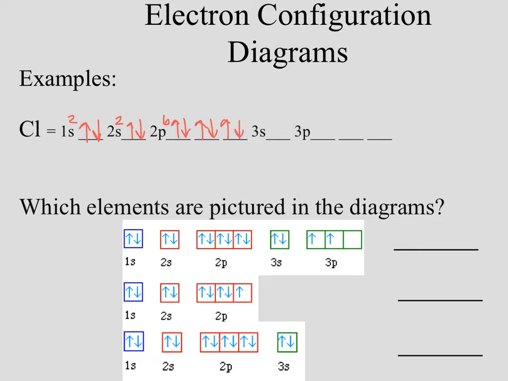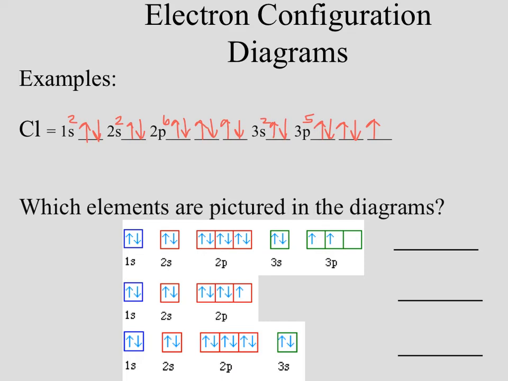Next row down, 3s2, first electron in corresponds with sodium, then magnesium, and then going across, we have 3p5, aluminum, silicon, phosphorus, sulfur, chlorine. So if I added up the arrows, it should total 17. If I add up the exponents, it should total 17.